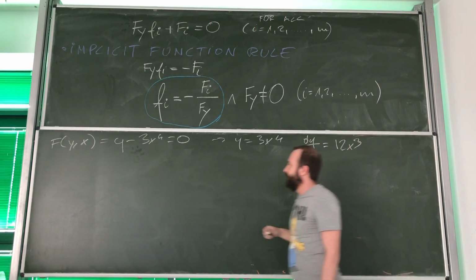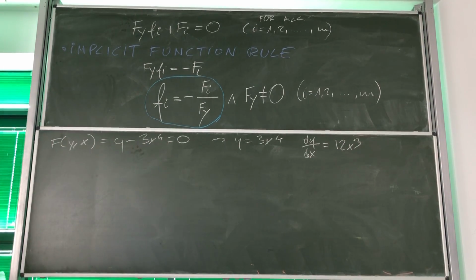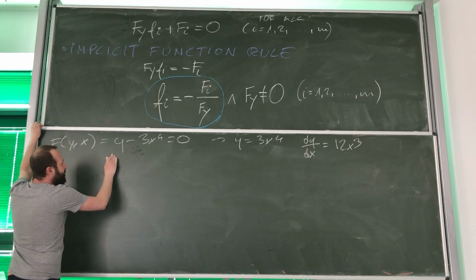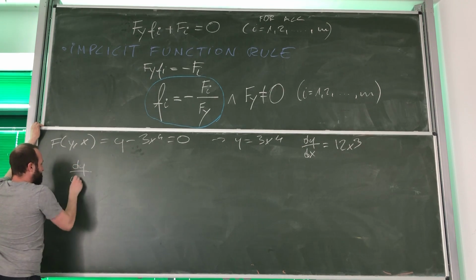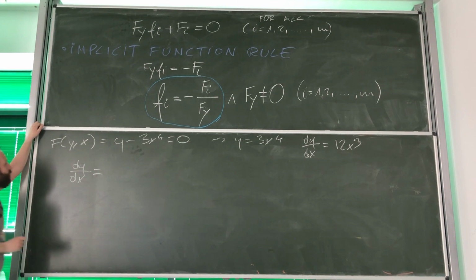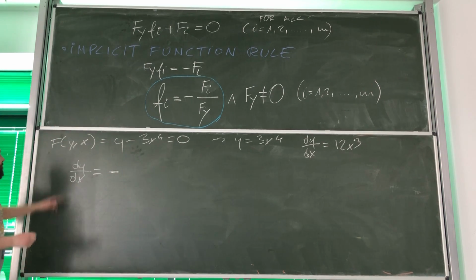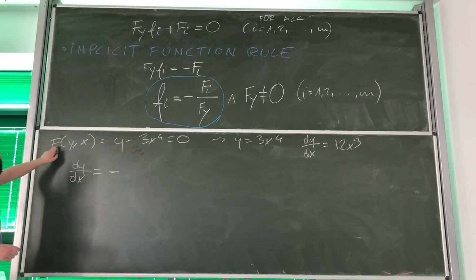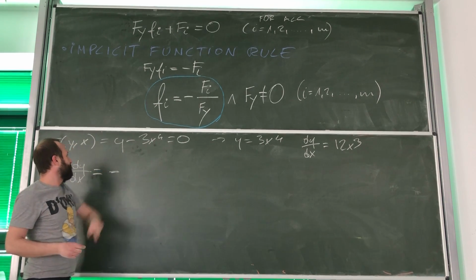Nothing complicated. However, we can also find this using the implicit function rule. Because look, we are looking for the derivative dy/dx. So, first thing I need to do in this case is to apply the formula, right? I start with minus, and first I differentiate this function with respect to x.